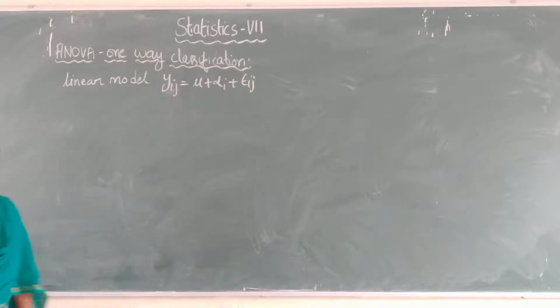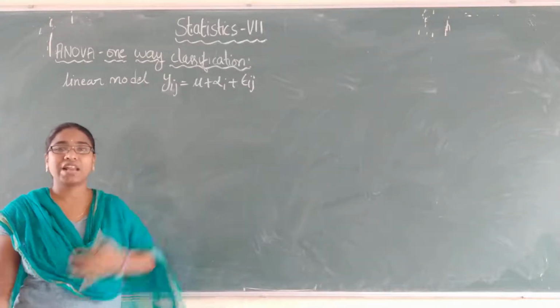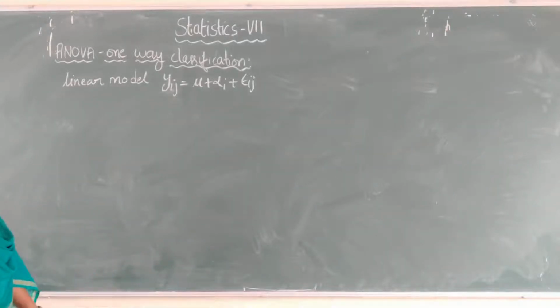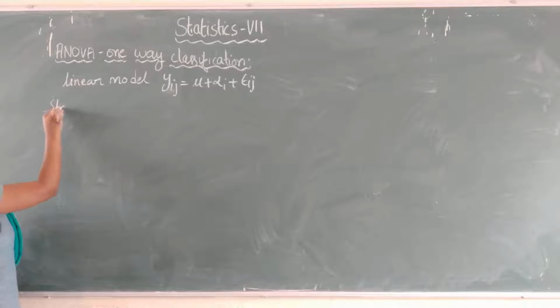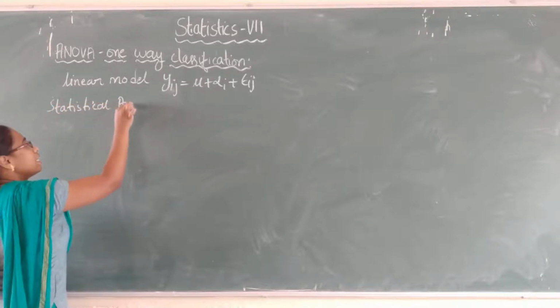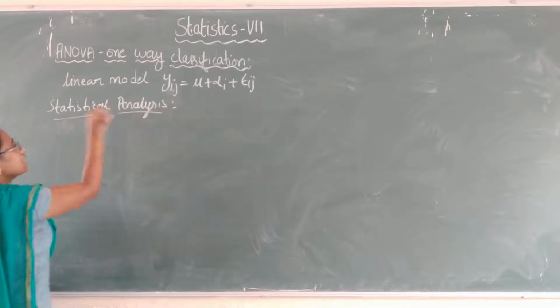By using this linear model, we are going to estimate the parameters, that is mu and alpha i, using the principle of least squares, under the statistical analysis. Under statistical analysis, first we will write our null hypothesis.